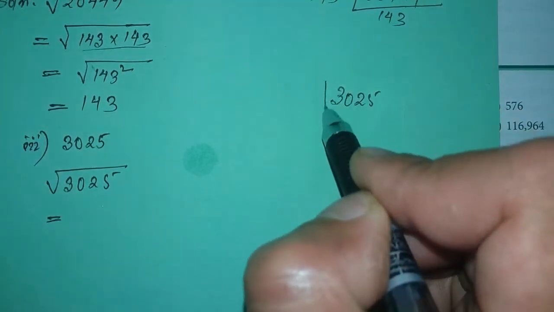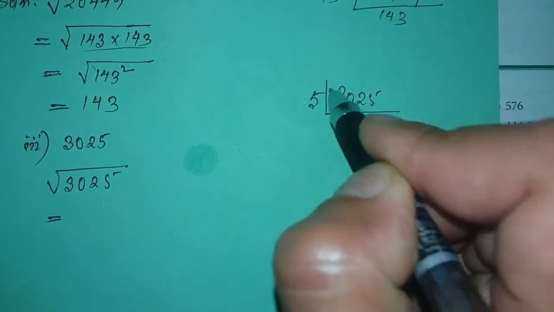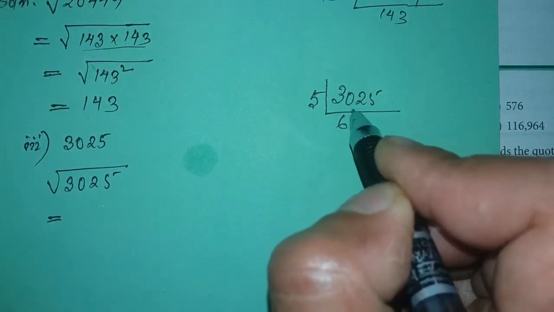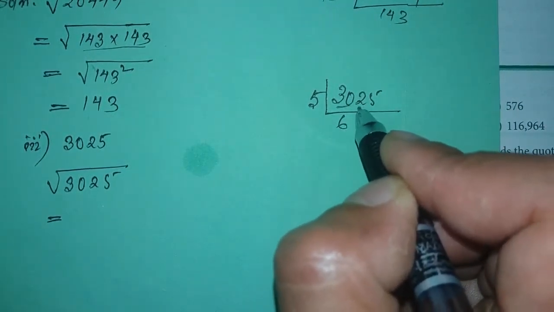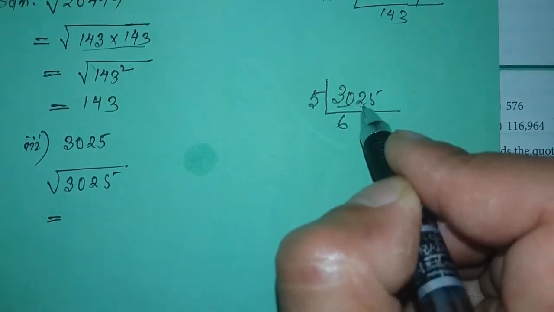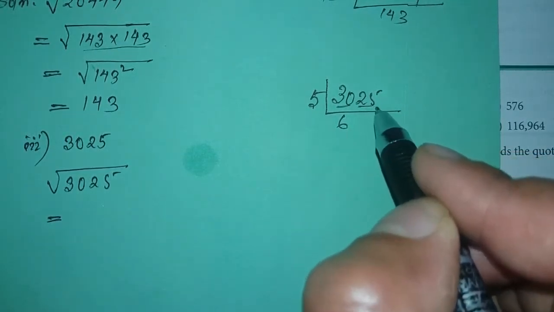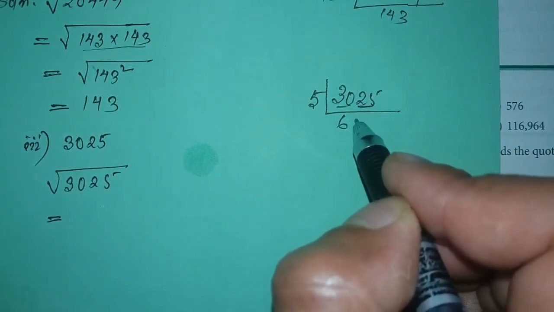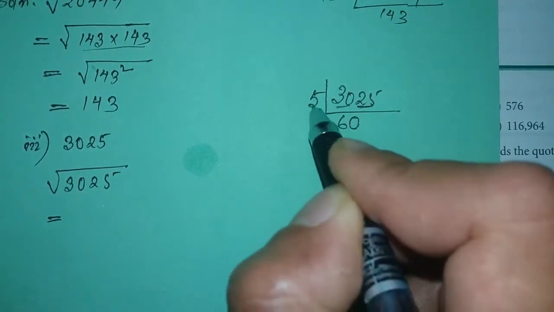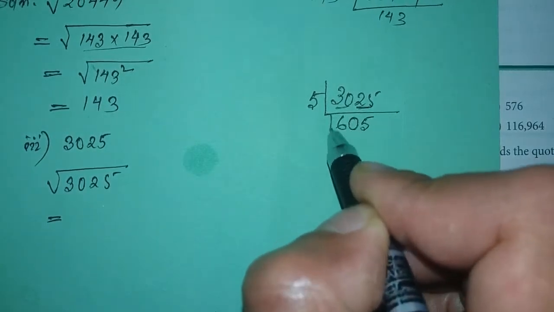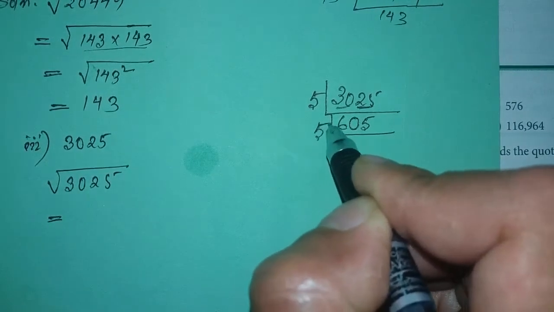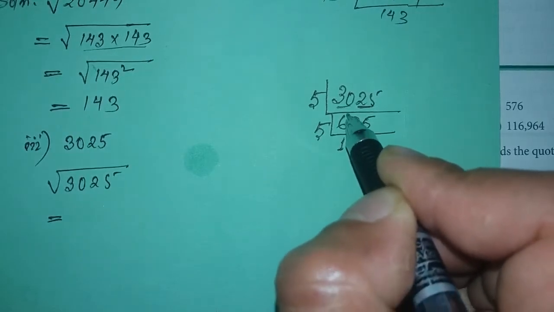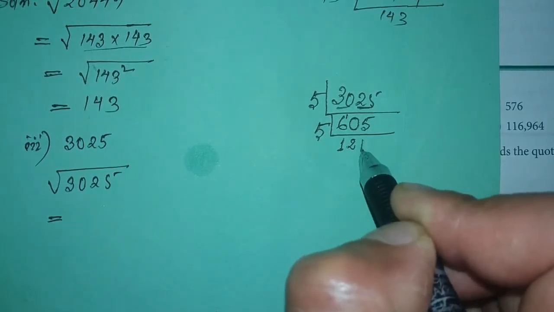Now 5 6s are 30. Now 2 is not divisible by 5, so we're going to take 25 at a time. Since we're taking 25 at a time, we will write here 0. Now 5 5s are 25. Now again you can divide by 5. 5 ones are 5, 1 remainder. 5 2s are 10, 5 ones are 5.